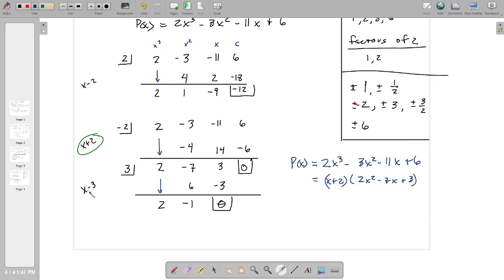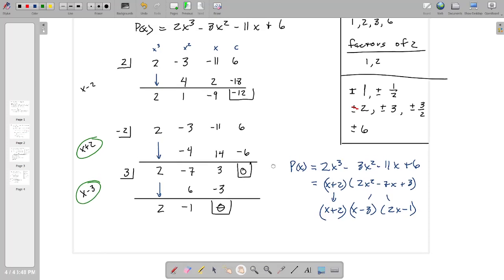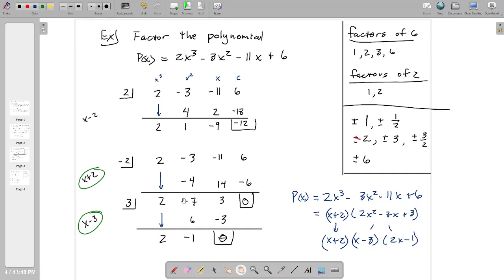And then we found that x minus 3 is in fact a factor of this. So this polynomial will factor into x minus 3 times whatever's left here. This is our constant term, this is an x term, so we would have 2x minus 1. And we just carry our x plus 2 down. So the full factorization of p of x is x plus 2 times x minus 3 times 2x minus 1. And that will be the process for factoring a polynomial using synthetic division.